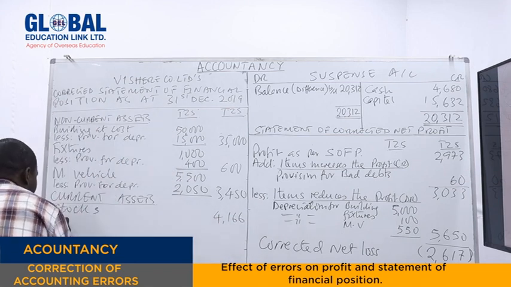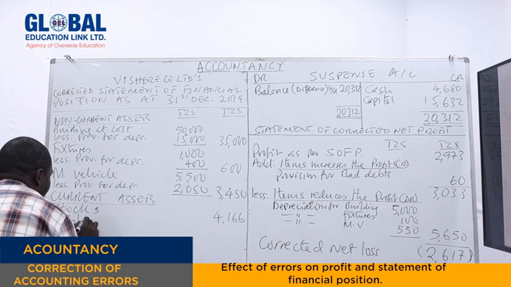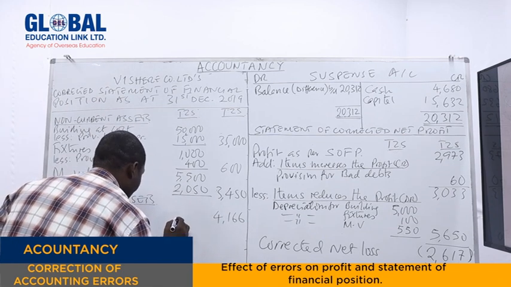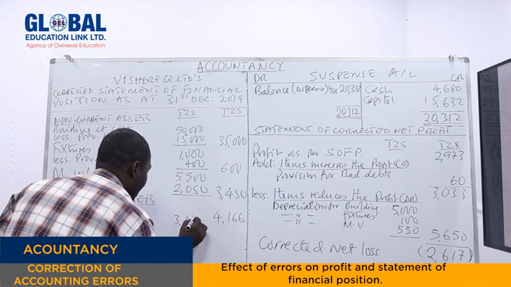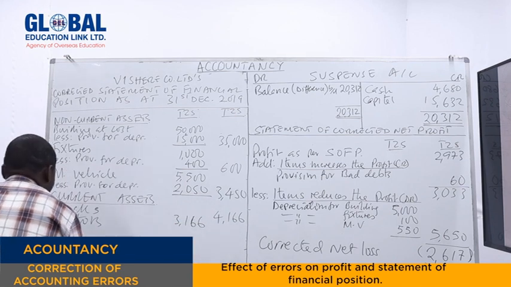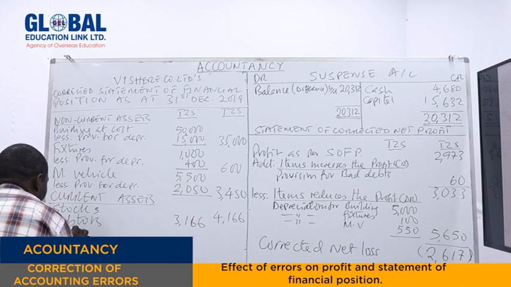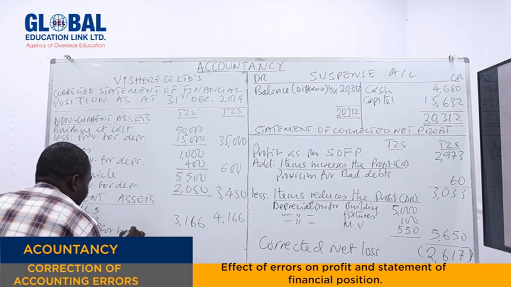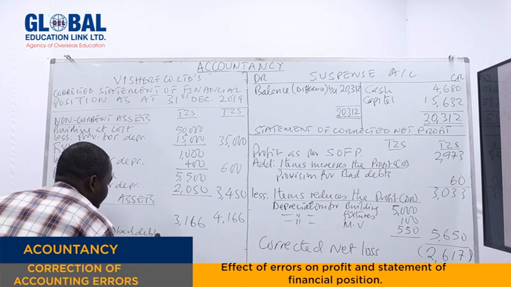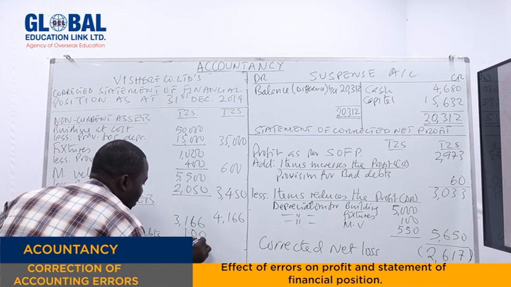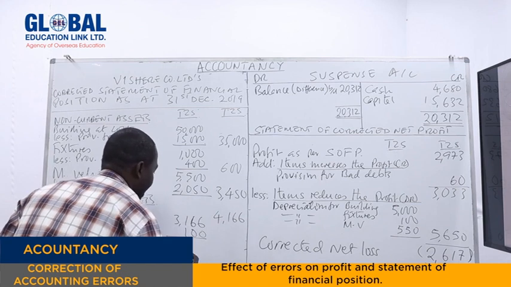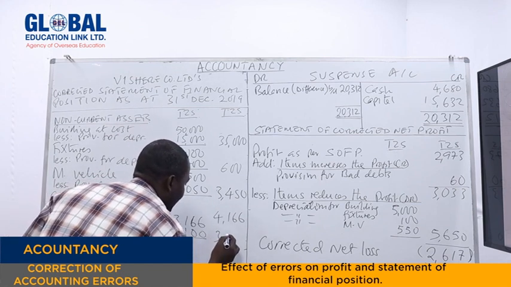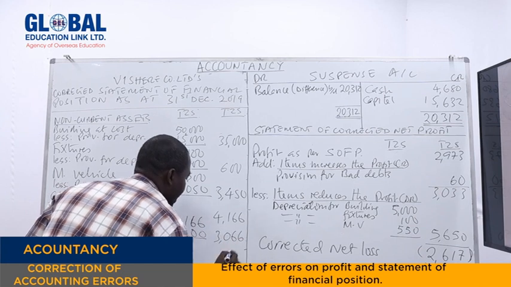Then we have debtors. Debtors amounted to 3,166 less provision for bad debts. So you put the balance that was supposed to be the 100 after correction. Then we get the balance 3,066.